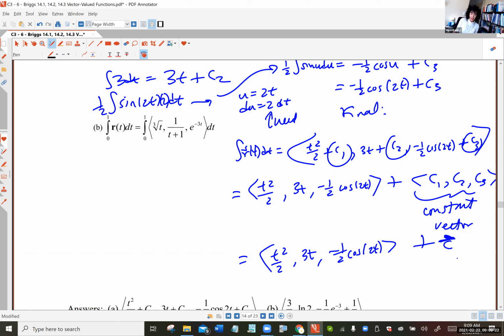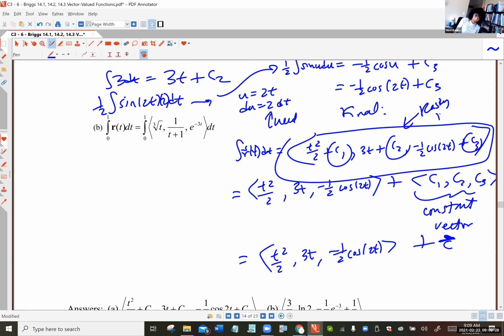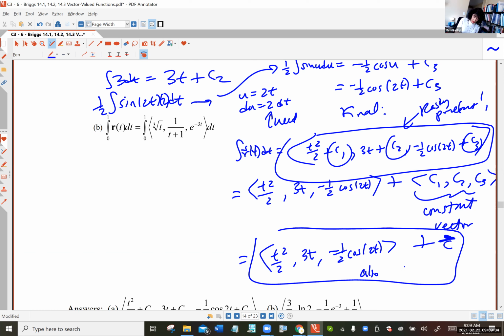You'll thank me later for telling you to do it this way. So I'm just going to tell you Rasky prefers this way, but this is also okay. Okay, so there is your first example of actually integrating a vector valued function, and you get a vector valued function. Any questions on that?